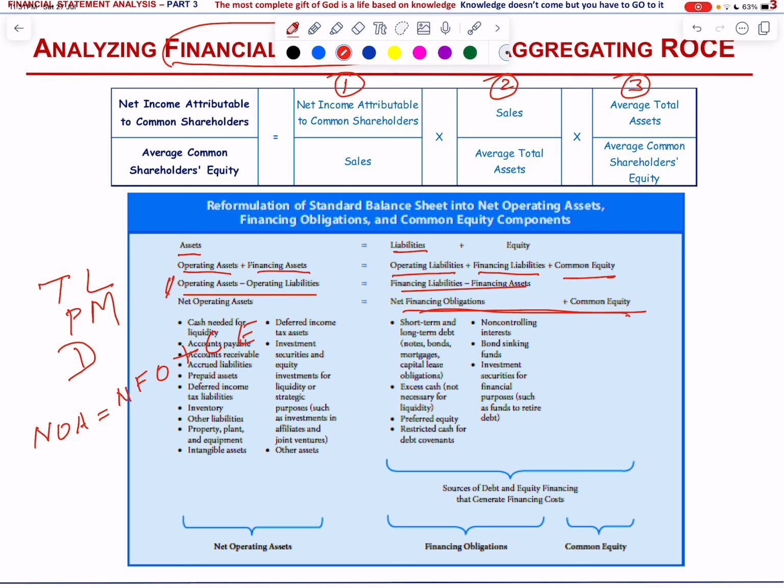I would like to introduce the concept of negative net financing obligations. In the year 2004, investors criticized Microsoft for holding too much cash.